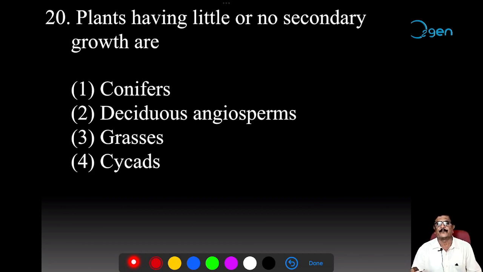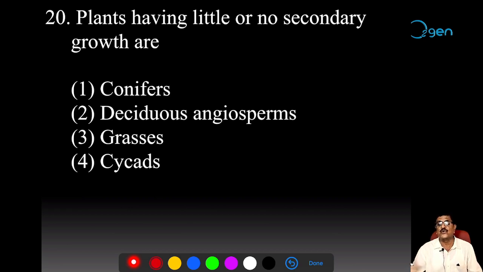Next question. Plants having little or no secondary growth are. In the conifers, secondary growth is slightly present. In all angiosperms, particularly dicotyledonous plants, it is present.